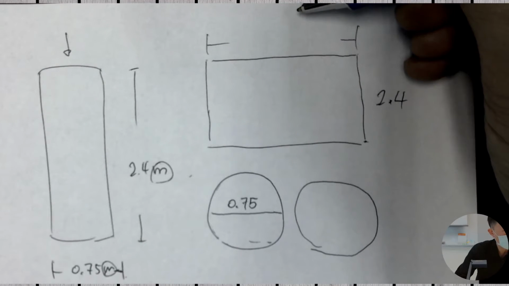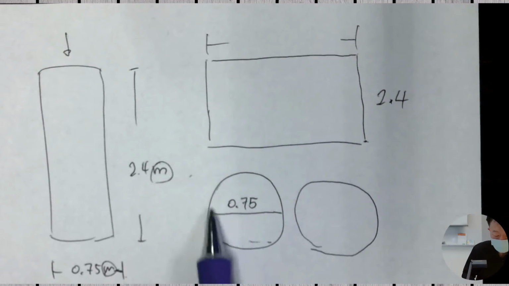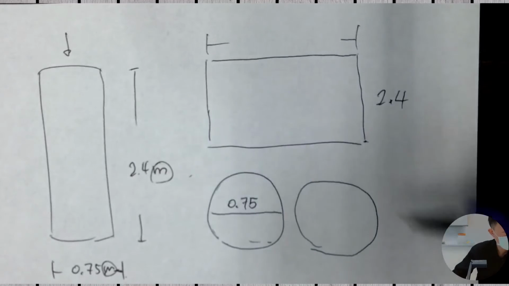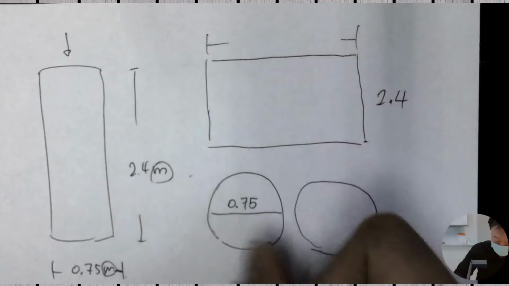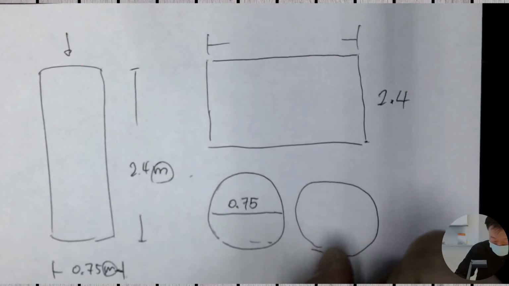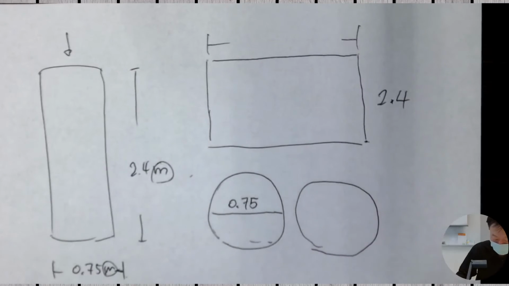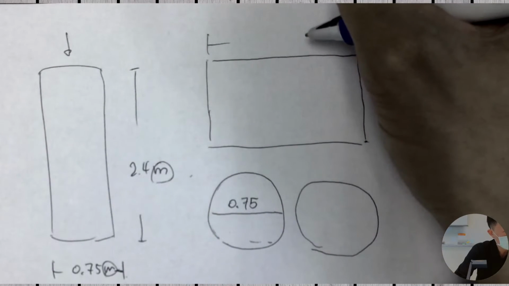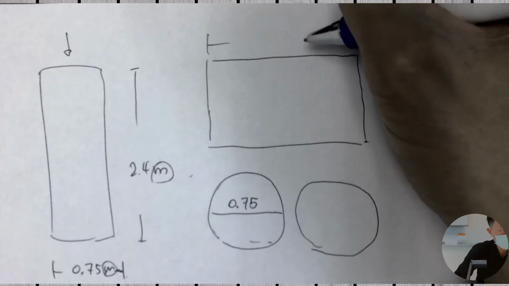It involves pi. It would be roughly 3 times this diameter. To turn diameter to circumference, circumference is about 3 times the diameter. Diameter being 0.75, circumference here would be, Athea, do you know?